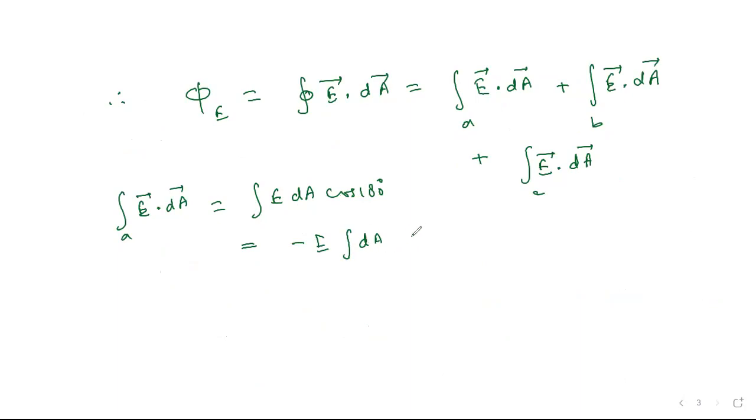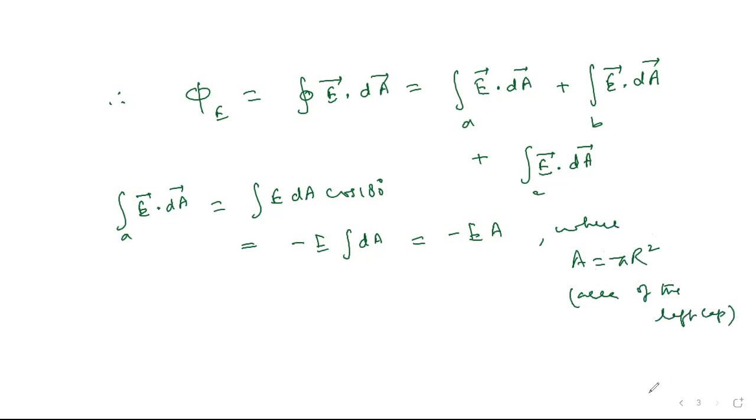So what does it become? It becomes minus EA, where A is, let me write it neatly, where A is pi r square, the area of the left cap.